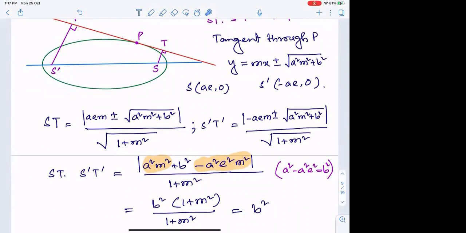That is something very special: even though the tangent varies, the product of perpendicular distances of the foci from the tangent remains constant. If the tangent is parallel to the major axis, both distances are b, and hence the product is b square.